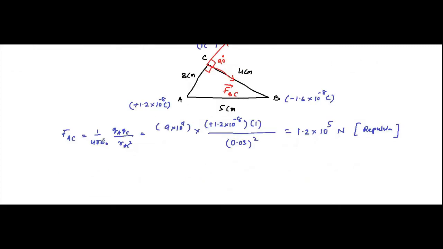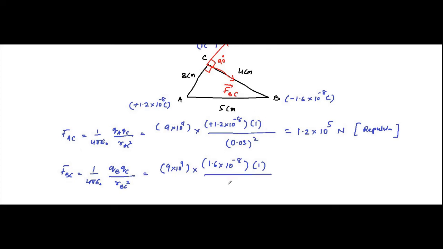Then we have FBC. FBC is 1 by 4 pi epsilon 0 QB QC by RBC whole square. 9 into 10 to the power 9 for 1 by 4 pi epsilon 0. QB is minus 1.6 into 10 to the power minus 8. Here don't put that minus sign, here just put 1.6 into 10 to the power minus 8. QC is 1. RBC is 4 centimeters, so that will be 0.04 whole square.